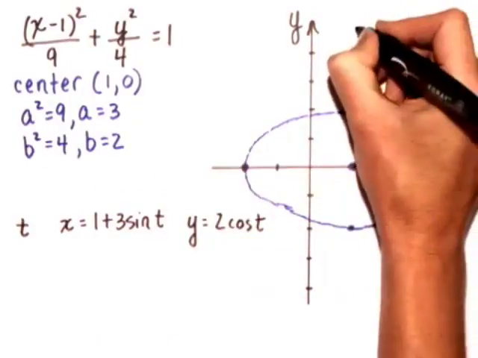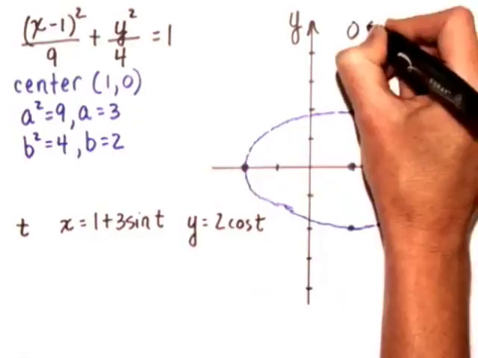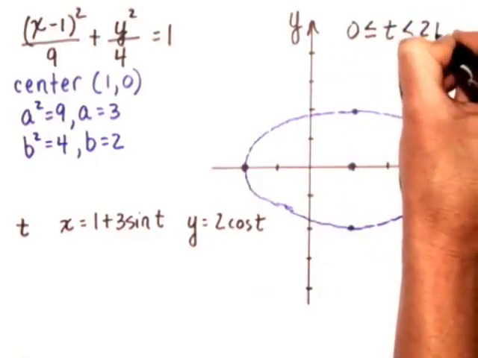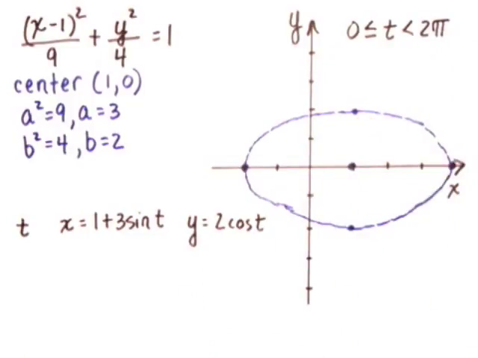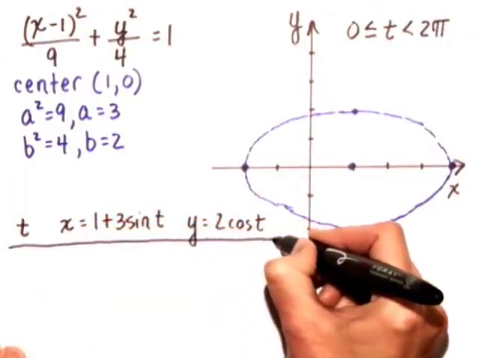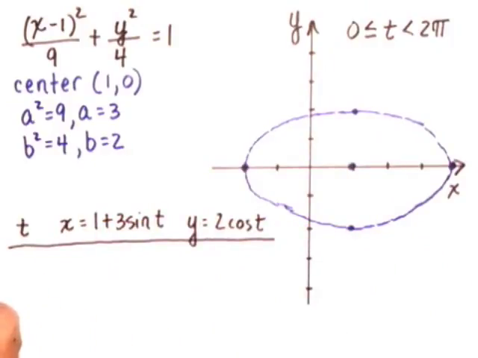And let's remind ourselves, we had a restriction. 0 is less than or equal to t, which is less than 2 pi. So we can pick a few values for t in order to get our orientation, put our direction arrows in.